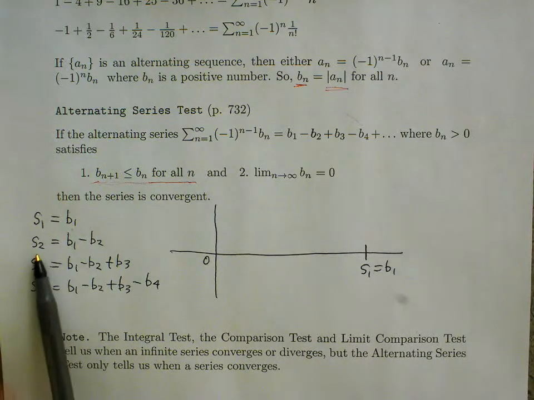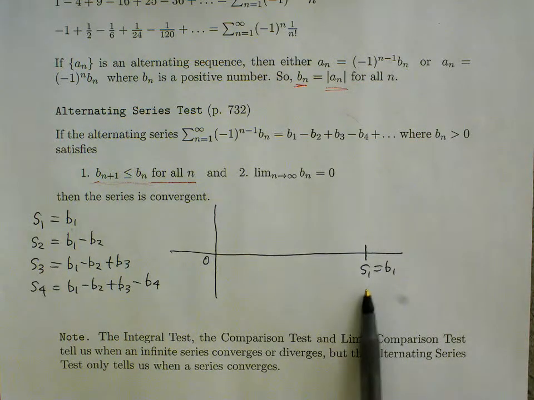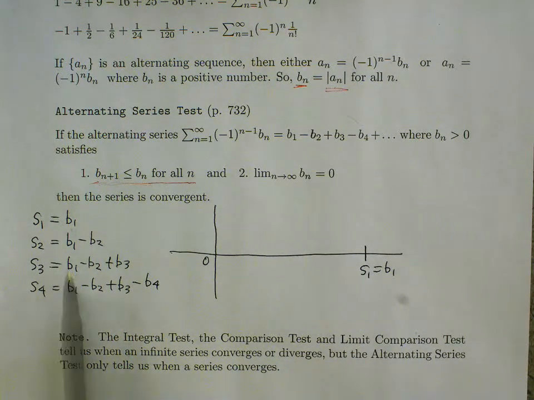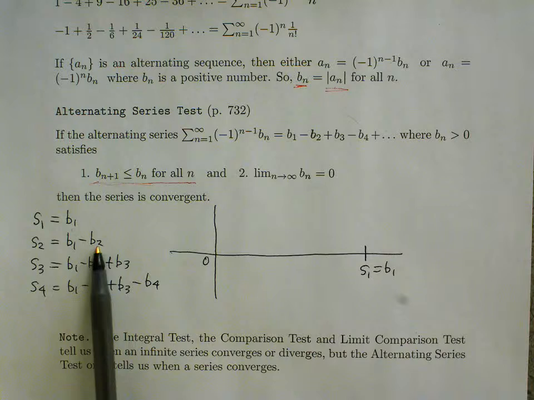And where will S sub 2 be relative to S sub 1? Well, S sub 2 is found by subtracting a number from B sub 1. Remember, B sub 2 by itself is positive, and we're subtracting it from B sub 1, but B sub 2 is smaller than B sub 1.